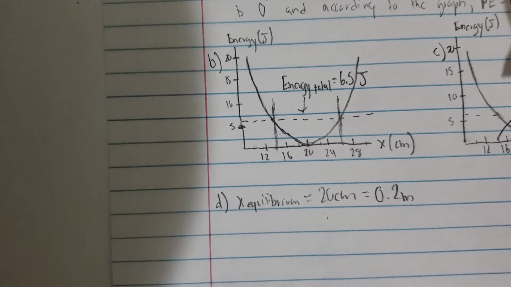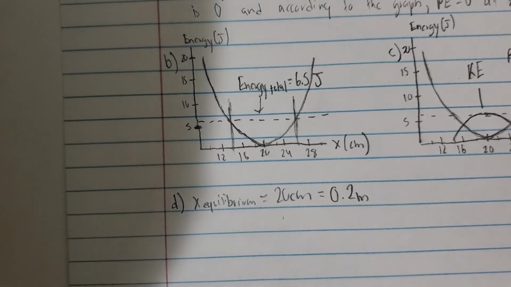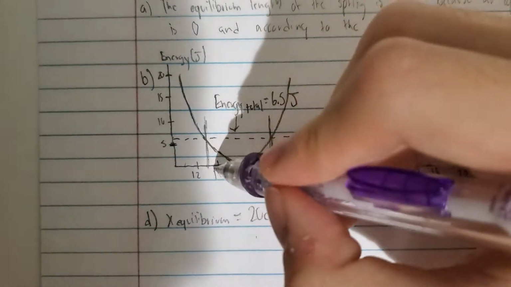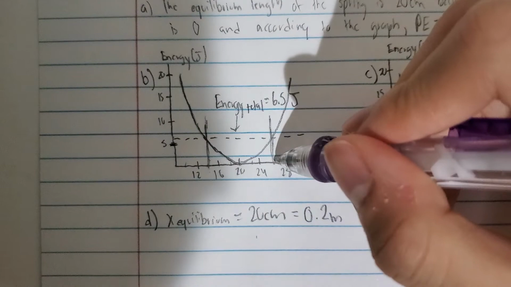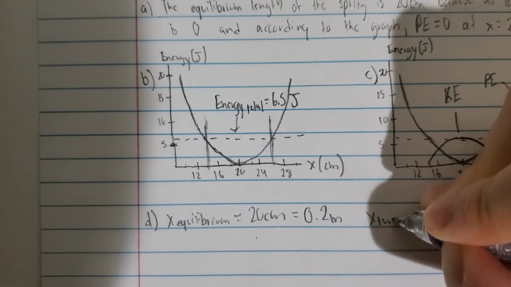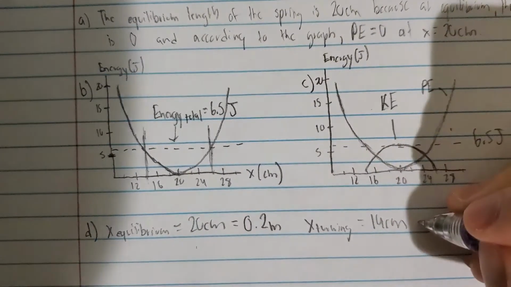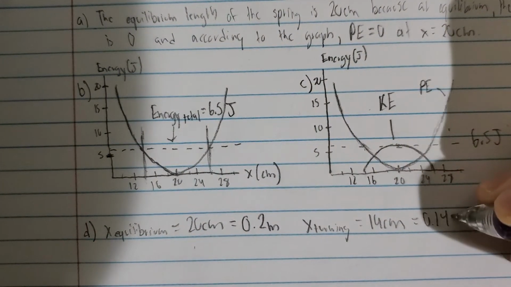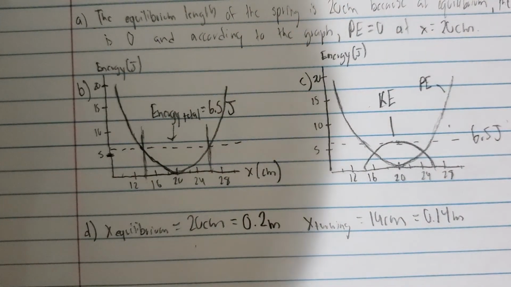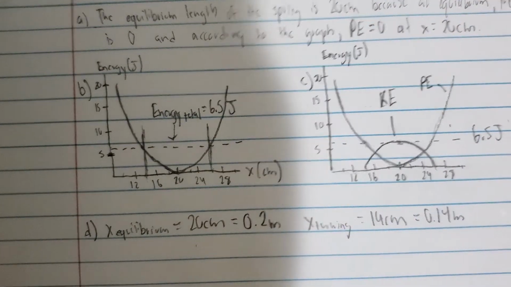Now in my calculation, I'm going to use one of the lengths at which the spring is going to turn, either 14 centimeters or 26 centimeters. I'm going to choose 14. So x turning was 14 centimeters, which is 0.14 meters. And so now I'm ready to find my spring constant.